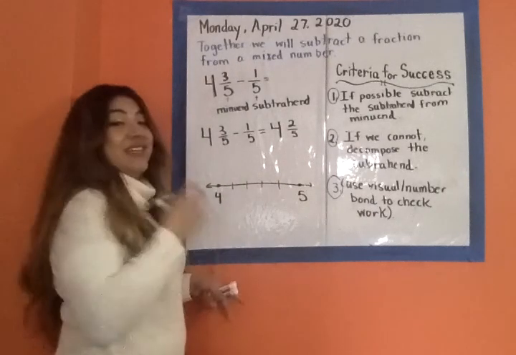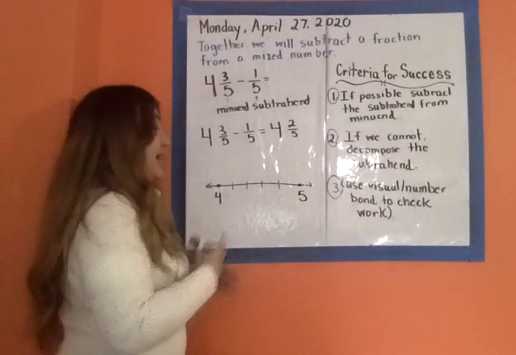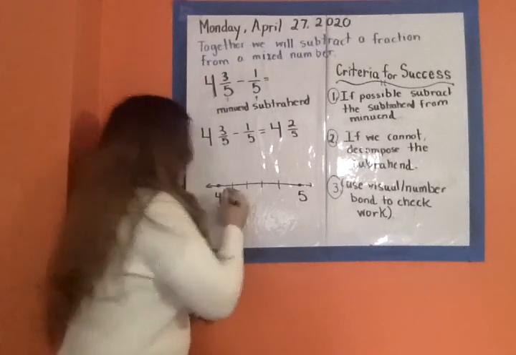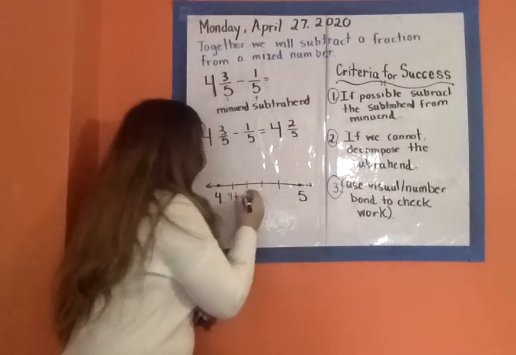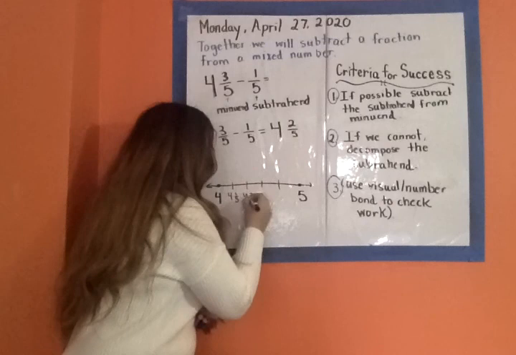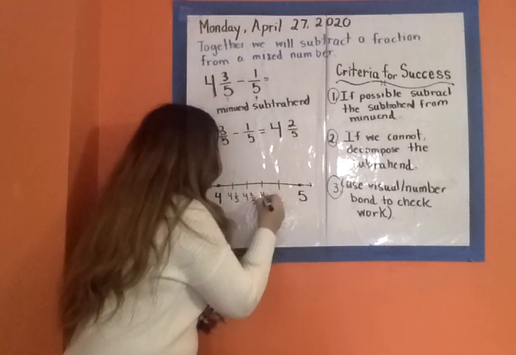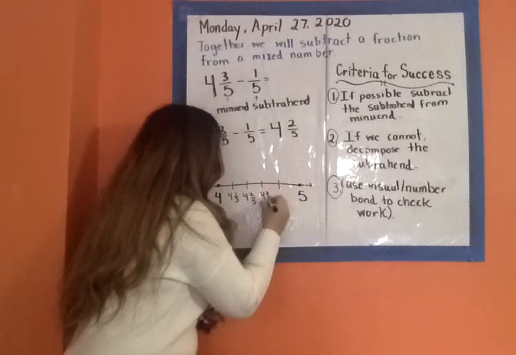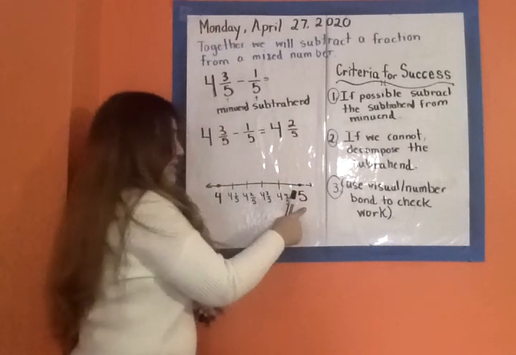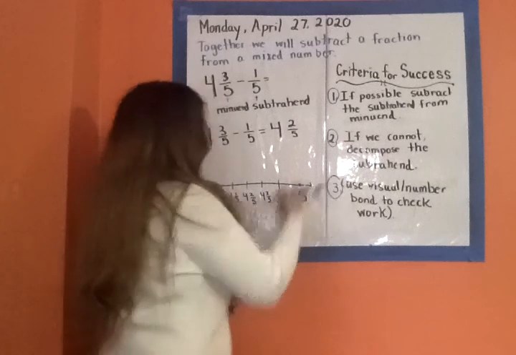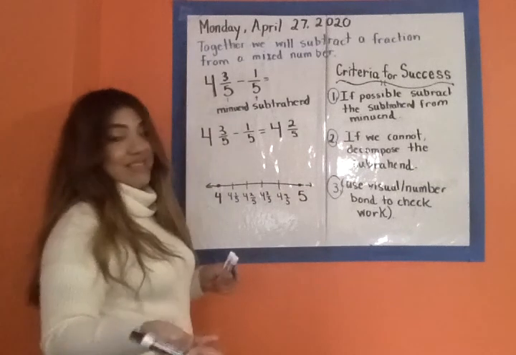If I wanted to relabel this so that I can accurately show my work, this would become 4 1/5, 4 2/5, 4 3/5, and lastly, 4 4/5. Because this is simply 4 5/5, which is essentially 5, the same thing, right?